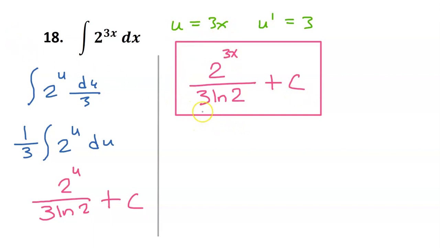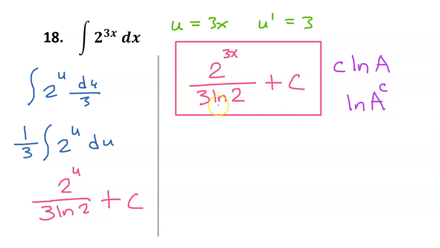Because of a property of logarithms, there is another form of this answer that you would more likely see as an option on a multiple choice question. Here's the property. If I have a constant times a natural log, let's say c natural log a, I am allowed to take this constant and put it as the exponent without changing the value of the expression. So this would be the same as natural log of a to the c power.